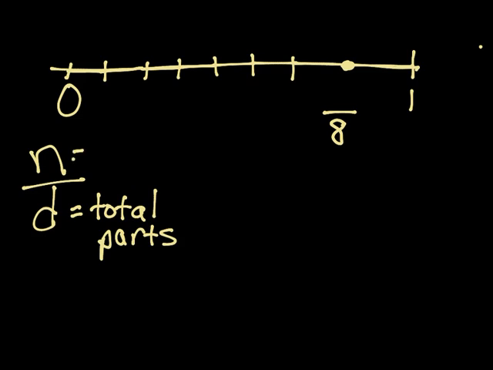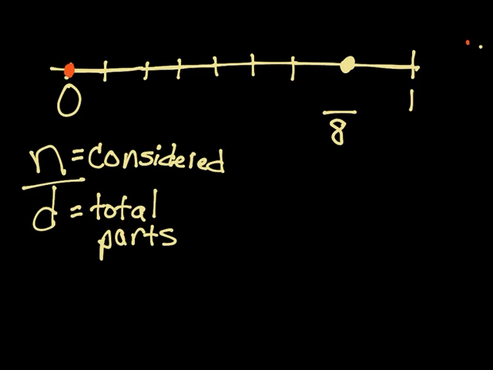My numerator is going to be the parts that are considered, the ones we are looking at. So if my point is right here, then I'm going to count how many parts all the way to my point. So think of it as a little ant, and your ant is starting at 0.